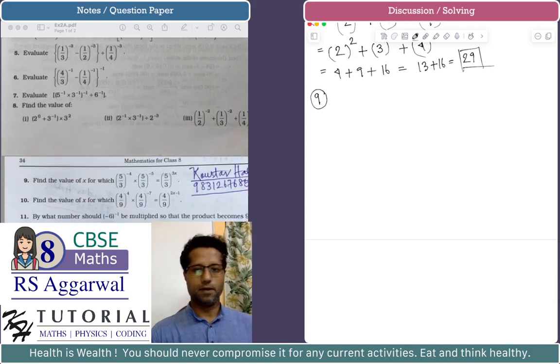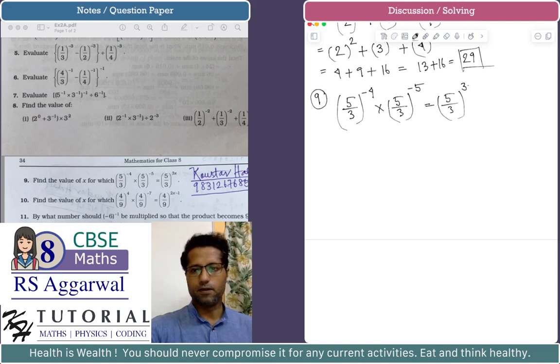Okay. Problem number 9 is find the value of x for which. So we have to find x where the equation is given, which is 5 by 3 raised to the power minus 4 multiplied by 5 by 3 raised to the power minus 5 is equal to 5 by 3 raised to the power 3x.